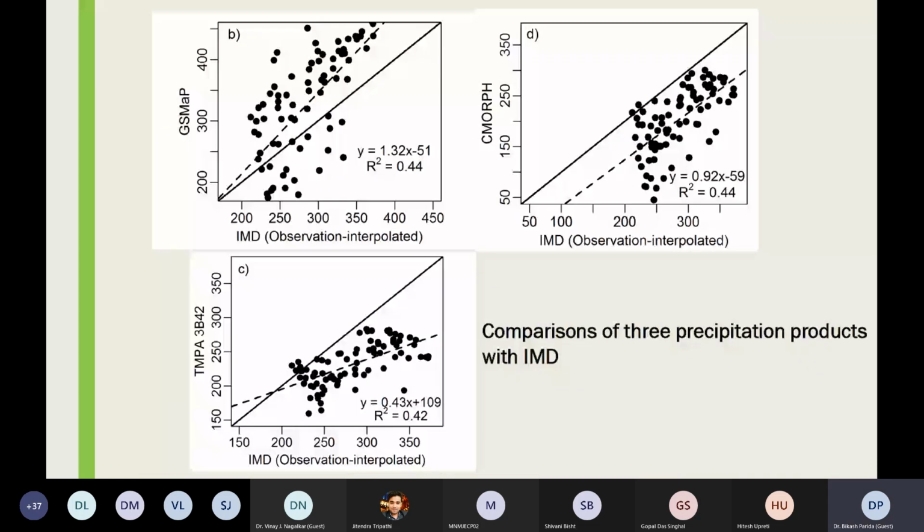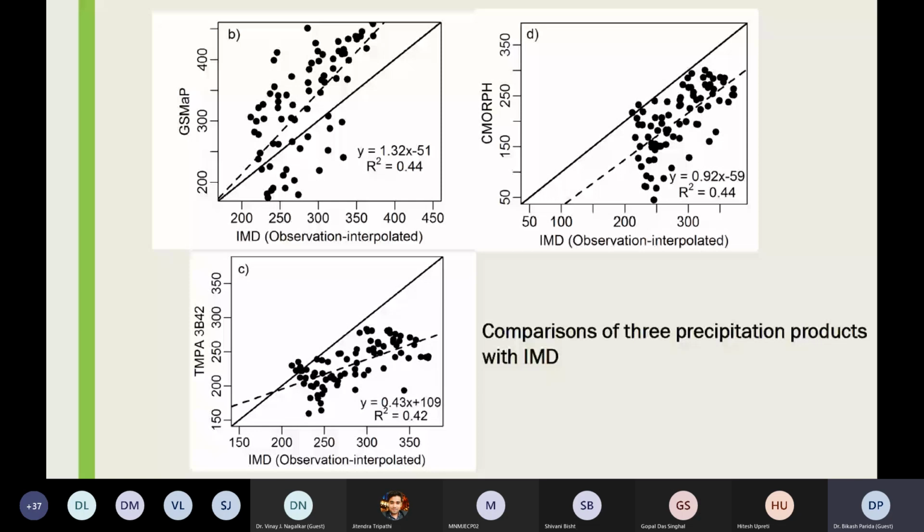GS map is uncalibrated with the ground based gauge measurements, and because of the uncalibrated nature we get a lower R square, that is 44. Then CMORPH gives a similar range of R square, but overestimation and underestimation are happening, as you can see there. And TRMM gives a correlation of 0.42. Again, it is not that great for TRMM in terms of the scatter plot.